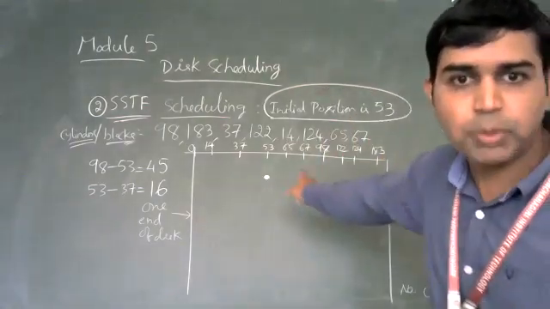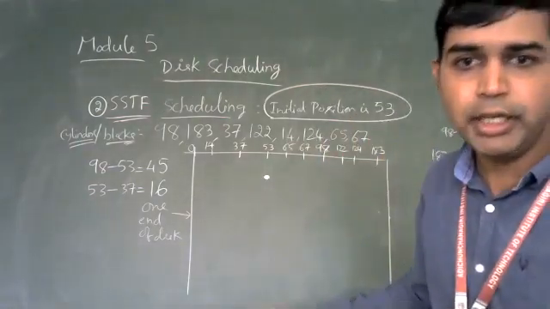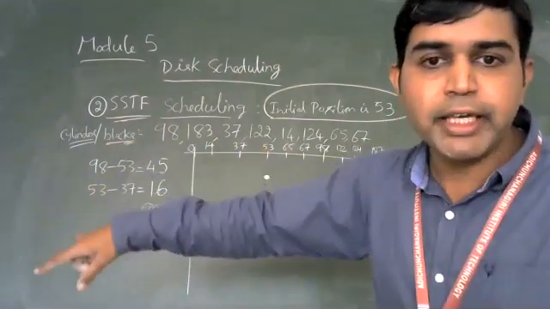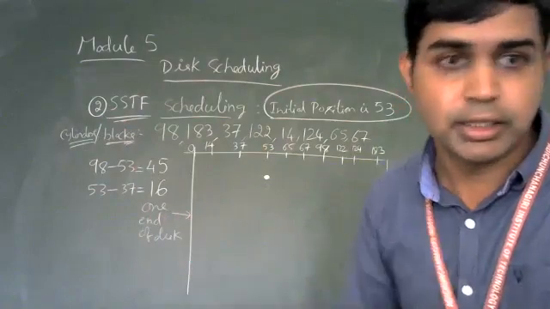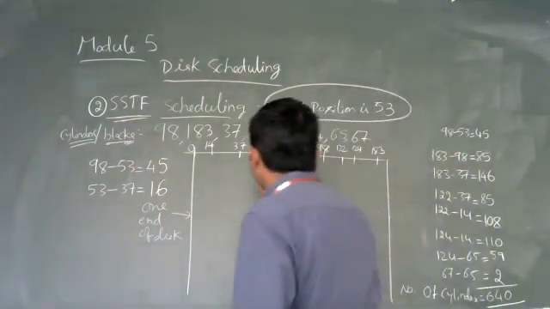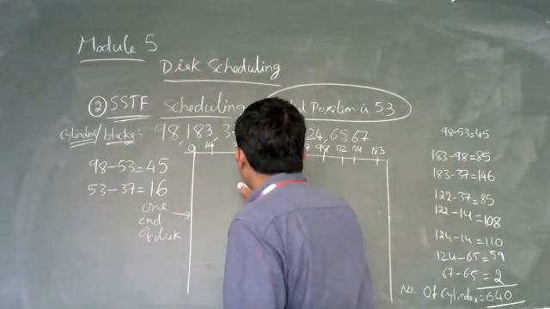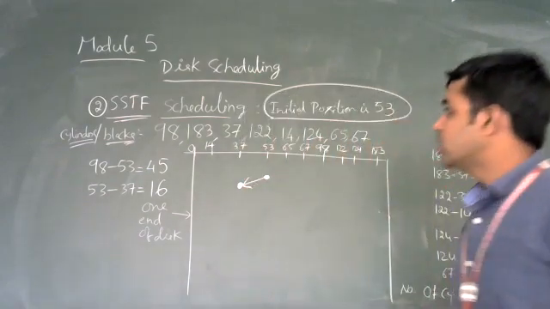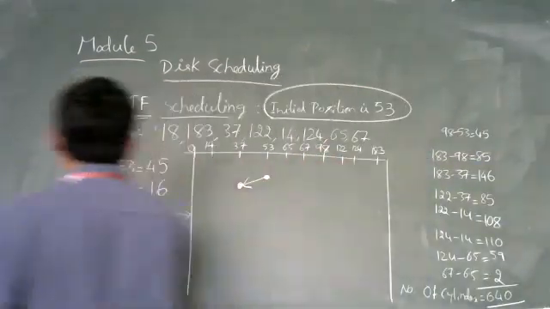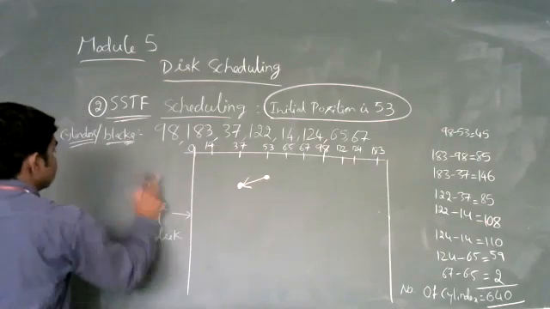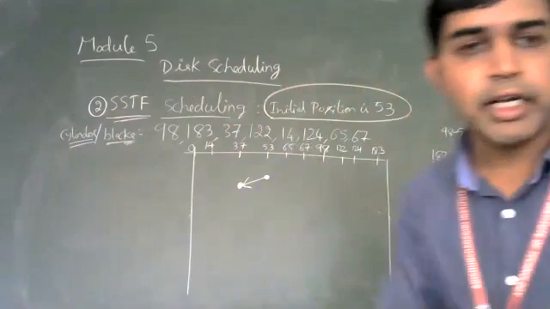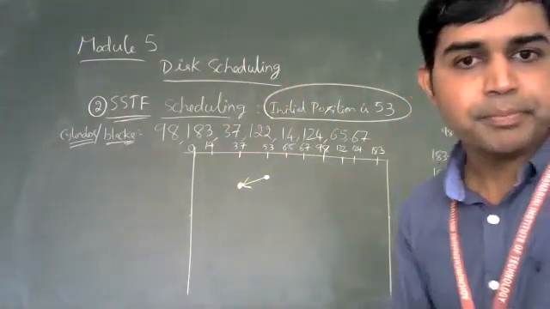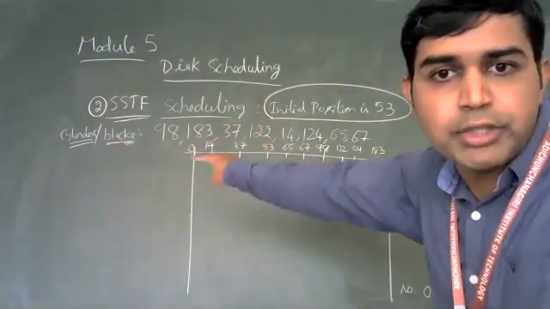Okay, so the initial position of the read write pointer is 53. From 53, I will be making a move to 37 because it is the shortest distance. Okay. Next. Now, which is shortest from 37, which is near in your given set of cylinders?